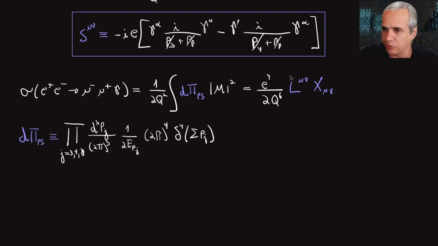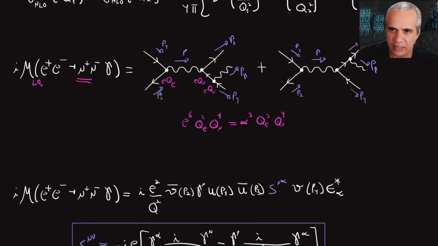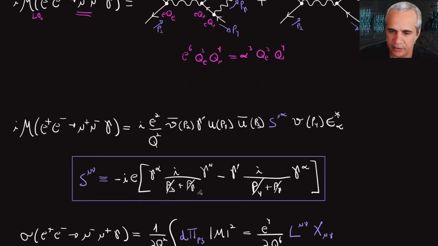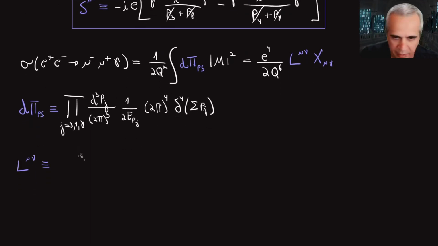L mu nu, on the other side, encapsulates everything related to the left side of the diagram, the electron part right here. This is just something that already appeared.